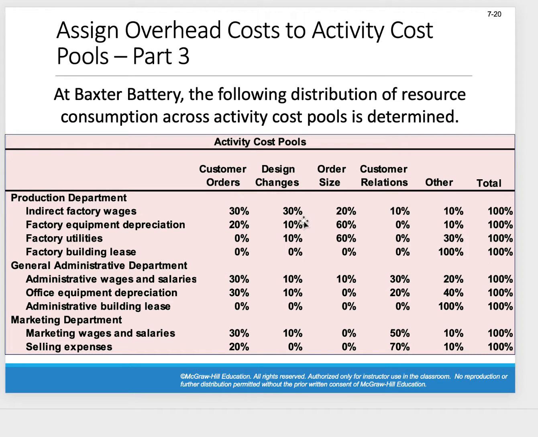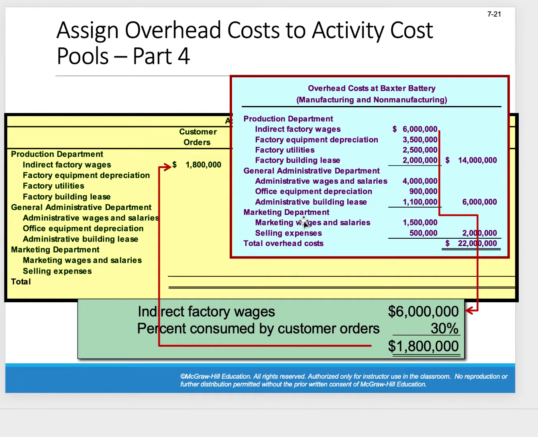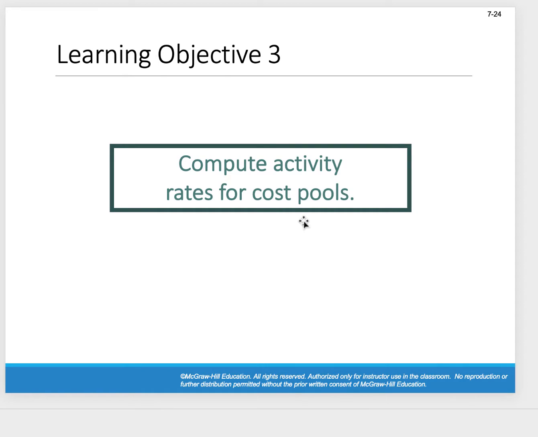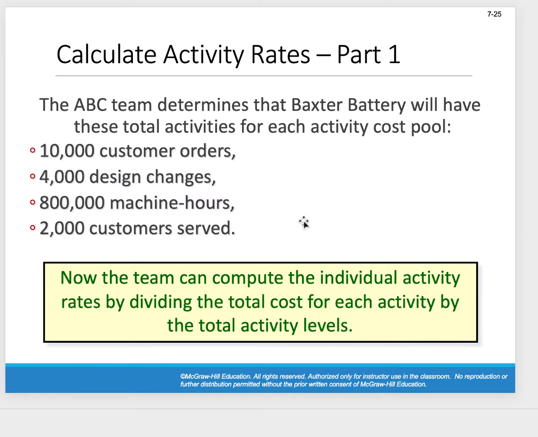Okay, that's all we're doing. So that's how we get our total activity cost pool. Great. Next thing we got to do is compute the activity rates for each cost pool. Super simple.